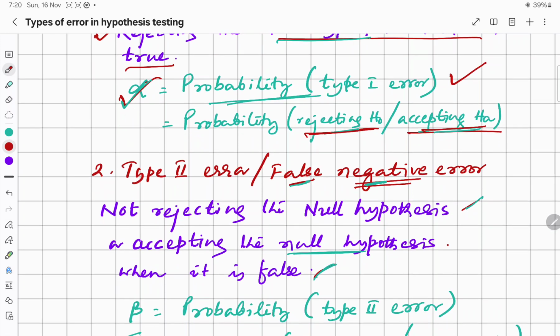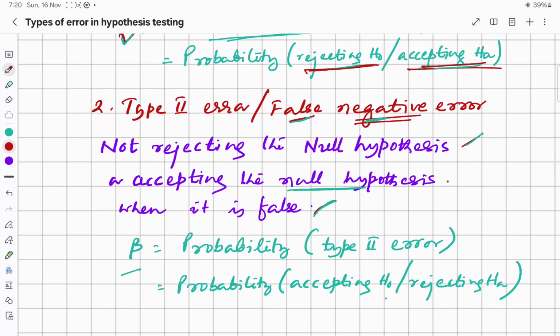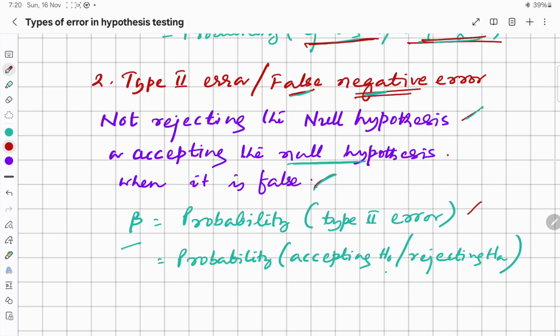When the null hypothesis is false, but we are accepting the null hypothesis. Null hypothesis is false, means in actual there is difference, but we are accepting the null hypothesis. We are not rejecting the null hypothesis. That is called type 2 error, and the probability of type 2 error is called beta.